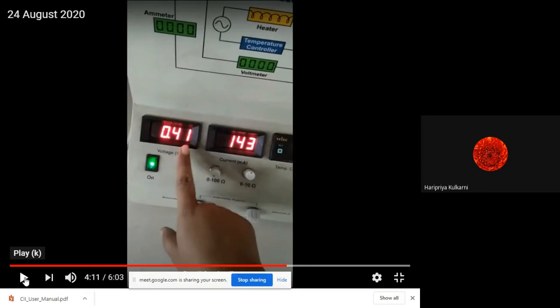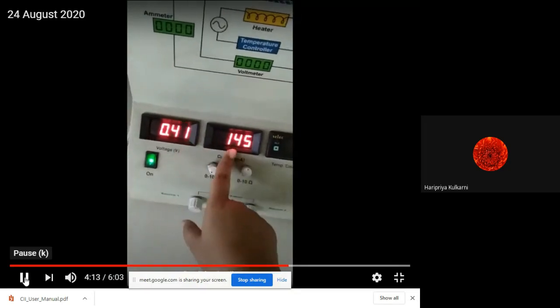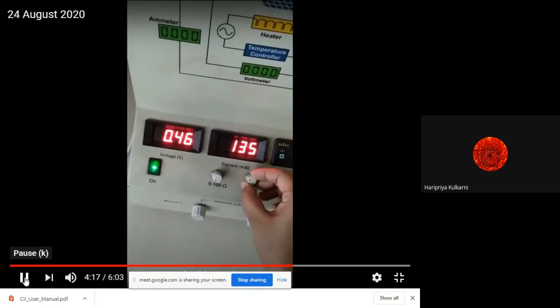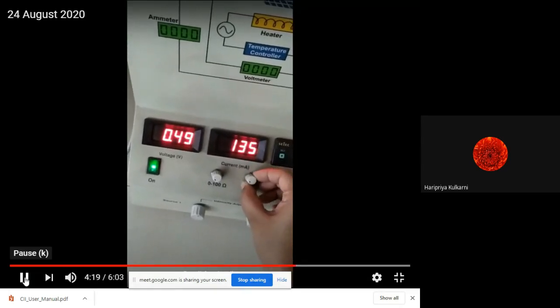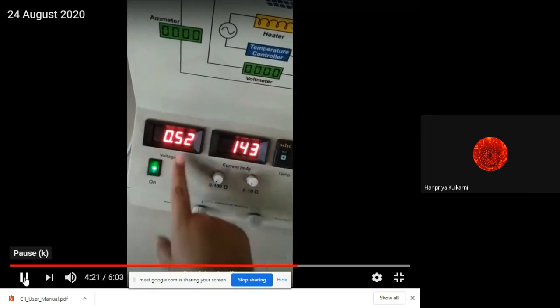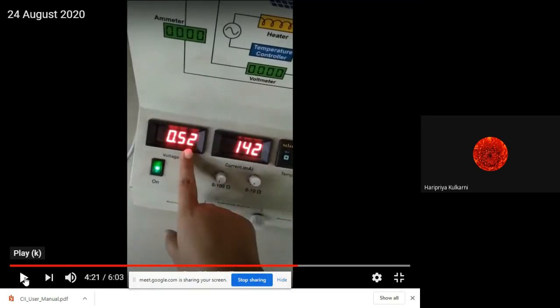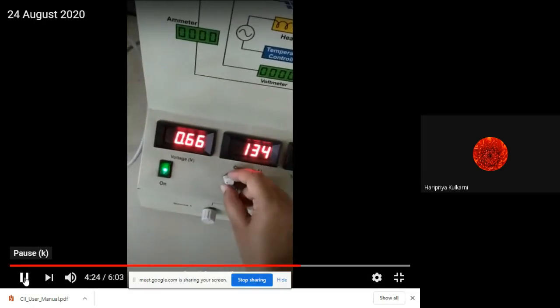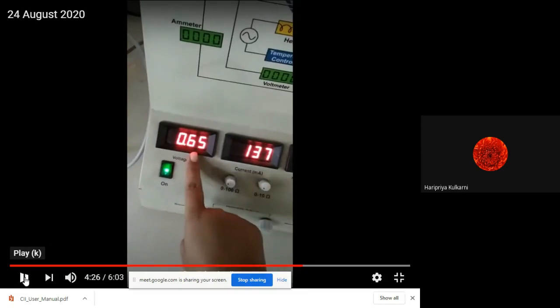I hope you are taking down the observations because we have to draw the graph. Next reading around 0.5 we are trying. So 0.52 volt, 142 milliampere.